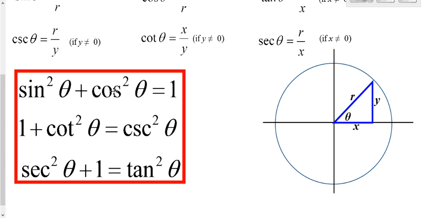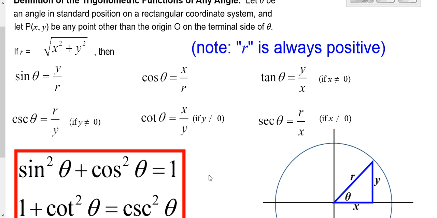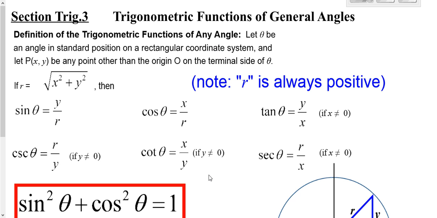Sine squared plus cosine squared equals 1. 1 plus cotangent squared equals cosecant squared, and tangent squared plus 1 equals secant squared. If you are interested, I can explain where these come from and how to get from one to the other in class, so just let me know.